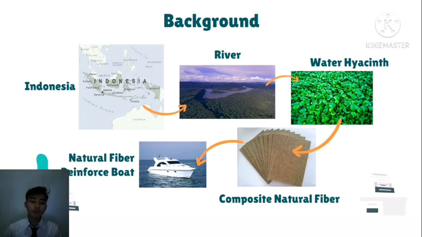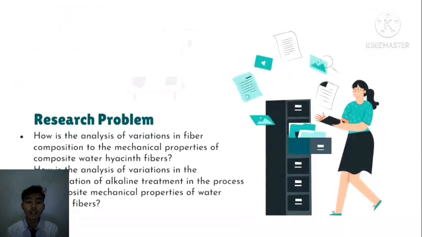Research problem. First, how is the analysis of variation in fiber composition to the mechanical properties of composite water hyacinth fibers. Second, how is the analysis of fermentation in the concentration of alkaline treatment in the process of composite mechanical properties of water hyacinth fibers.